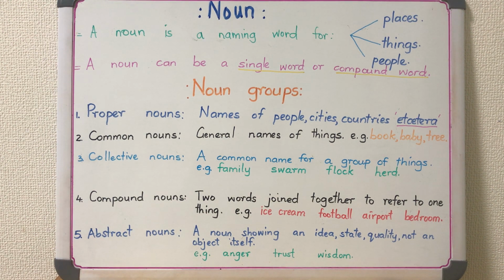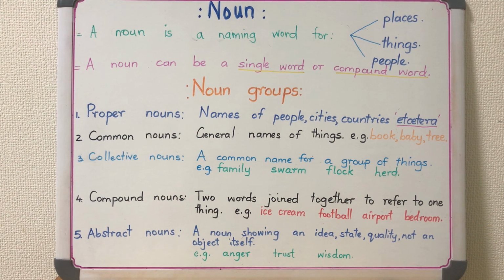These are nouns which show an idea, a state, a quality. And one common thing about abstract nouns is that it's not the object itself. It's not something that you can physically touch, right?